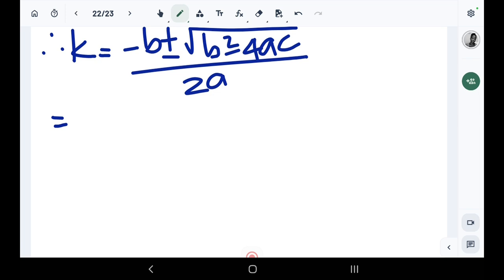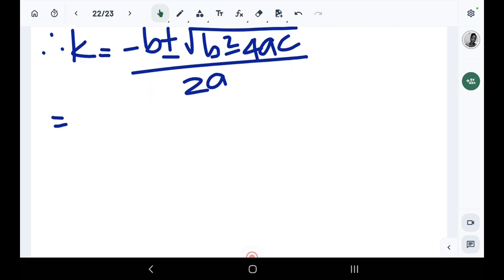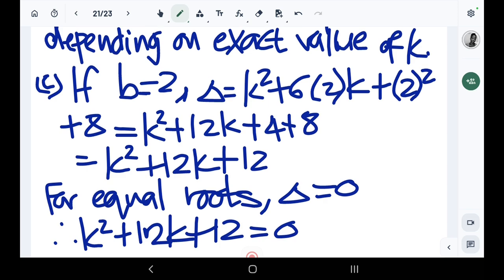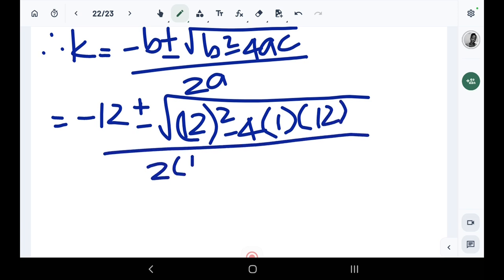That is equal to negative b, which is minus 12, plus or minus the square root of 12 squared minus 4 times a, where a is 1 and c is 12, all over 2 times 1.